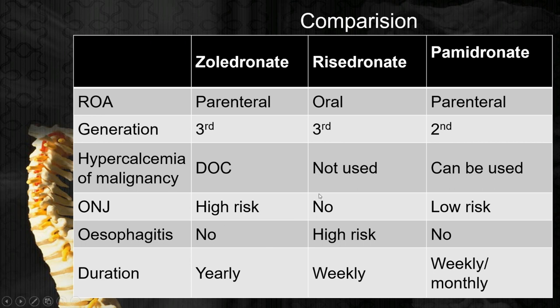This risk of osteonecrosis is never present with risedronate, and a lower risk is present with pamidronate. Esophagitis is highest with risedronate because of its oral route of drug administration, whereas esophagitis is not seen with zoledronate and pamidronate. The major advantage of zoledronate is that it can be given once yearly, whereas risedronate can be given once weekly. Pamidronate, based on the indication where we are using it, can be used either weekly or monthly.